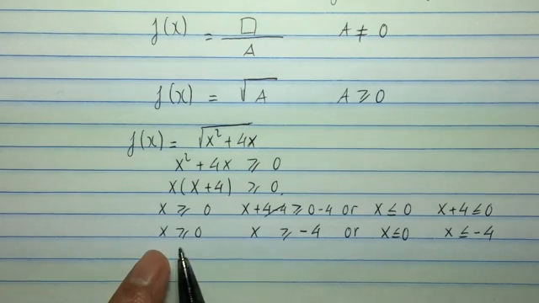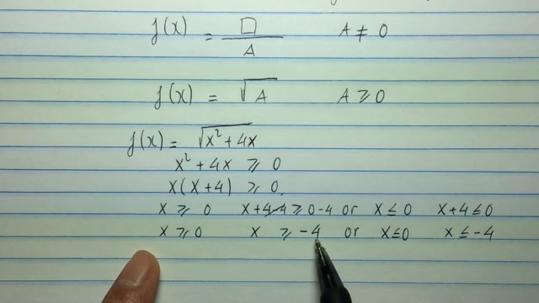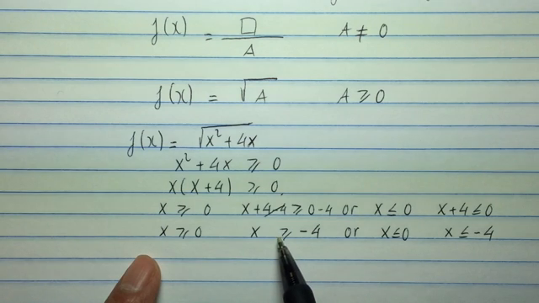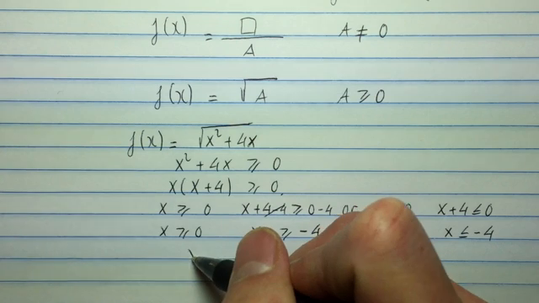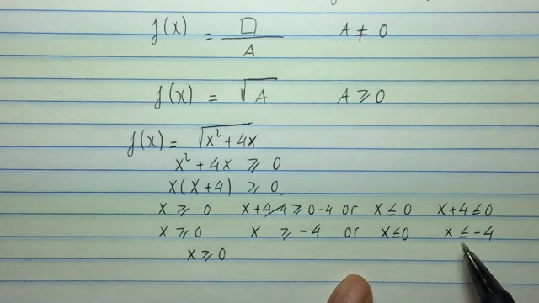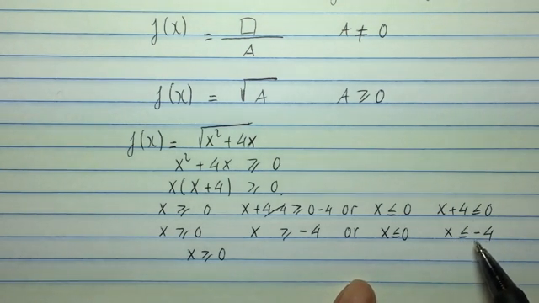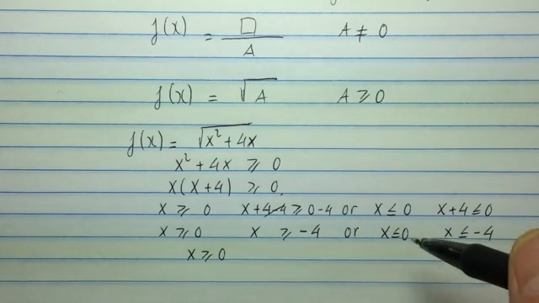If you see here x bigger than 0 and x bigger than minus 4, I choose x bigger than 0, because any number bigger than 0 will be bigger than minus 4. So I pick x bigger than 0. On the right hand side, x smaller than 0 and x smaller than minus 4, so I choose x smaller than minus 4, because any number less than minus 4 will be less than 0.